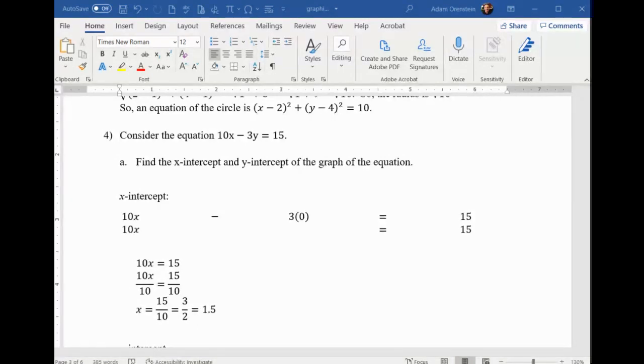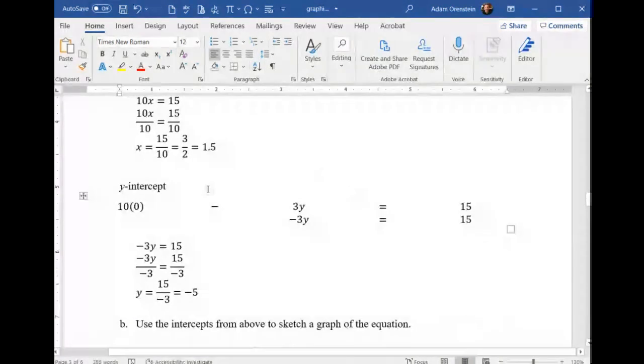Now that's the x-intercept. For the y-intercept, it's the same idea, except you basically switch the roles of the variables. Namely, for the y-intercept, you let x be 0.